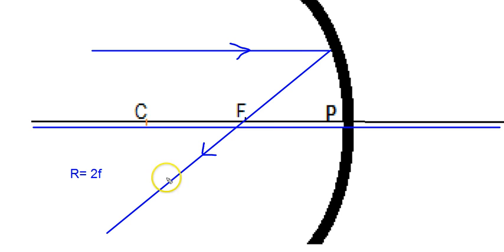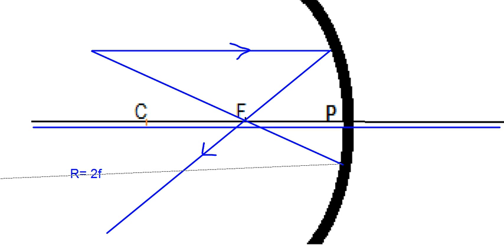The second thing you must keep in mind: any ray of light passing through F is going to become parallel to the principal axis after reflection.